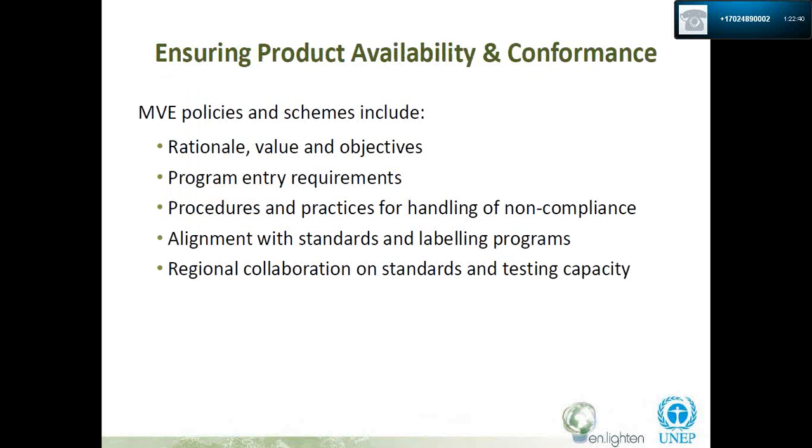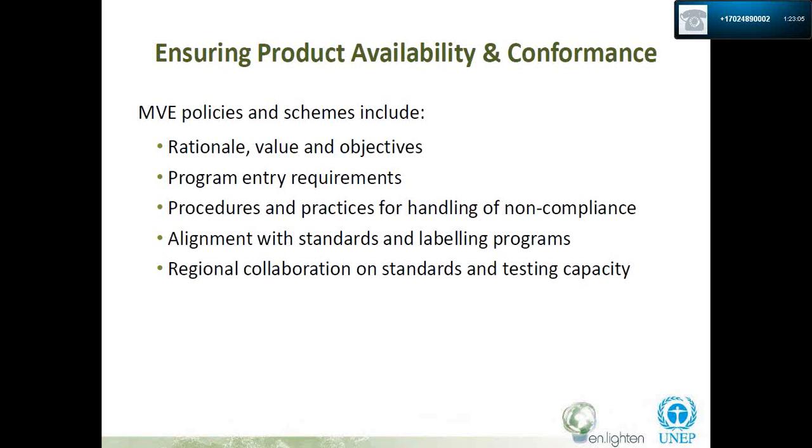So what are we talking about here? Basically, you have to lay out a rationale, what your values are, what your objectives are, and take a look at how the MVE scheme is going to support the minimum energy performance standards. There should be program entry requirements. There should be some baseline that all manufacturers, importers, distributors all comply with and they all understand.